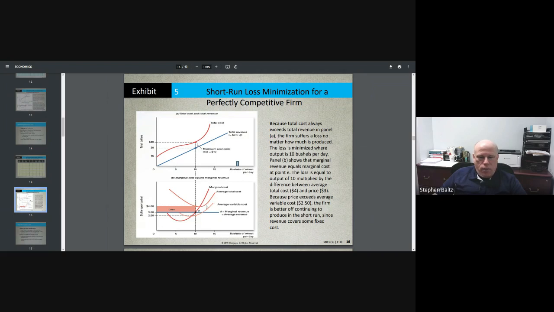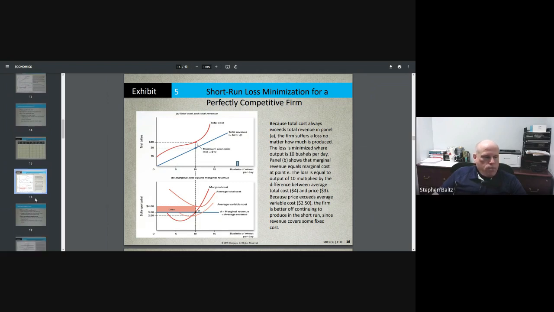And then down here on the bottom portion of the graph, it's showing this in marginal values or average values as well. So you're going to minimize your loss by producing at point E in this case, because at that point, your total cost and total revenue are as close together as possible.